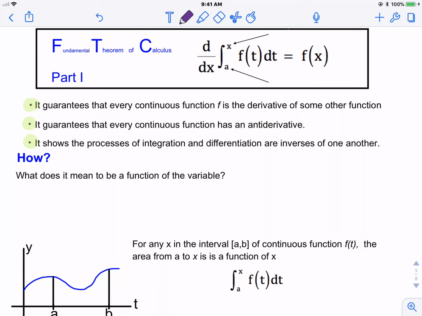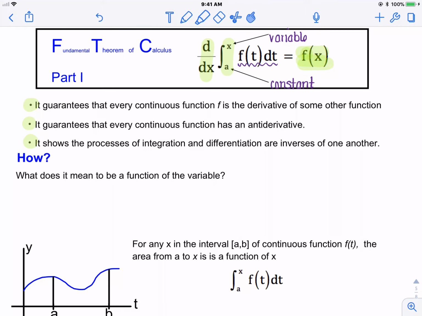So what it says up in the box is that if I take a derivative, d over dx, of an integral, and the function that is in my integrand can be in any variable, just like my graph for slope originally was in x's, and I go from a constant, in other words, from a set number, just like that set ordered pair on my graph, to a variable, a single-term variable, then the derivative of the integral should come to a function in terms of that top variable, that x.